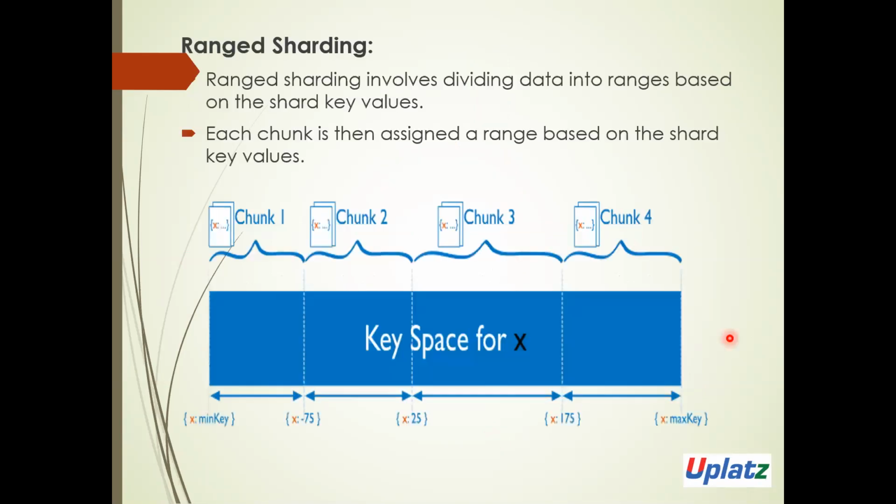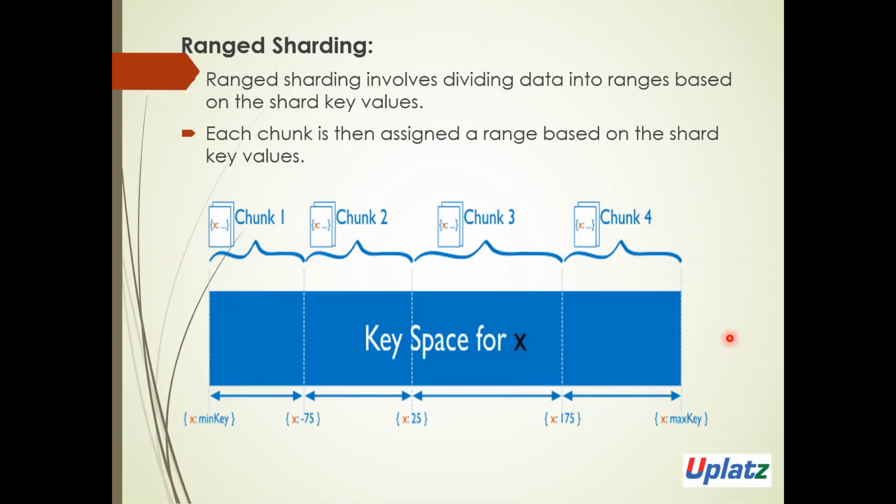Next is ranged sharding. How is it spread based on the range? It involves dividing the data into ranges based on the shard key values. In the hashed key, based on the key, it is evenly distributed, but here it is based on the shard key values.